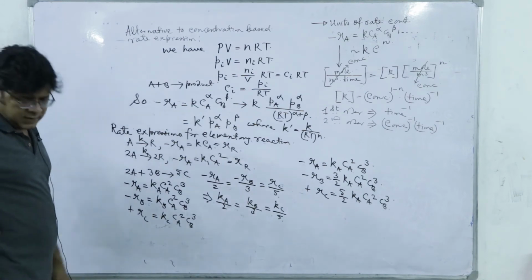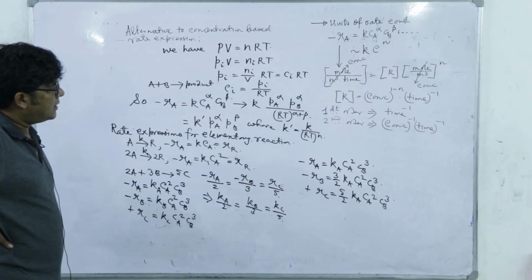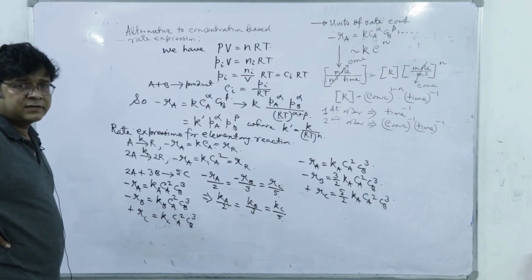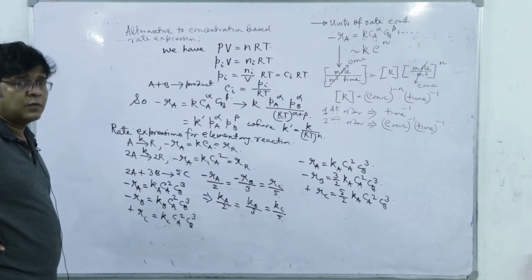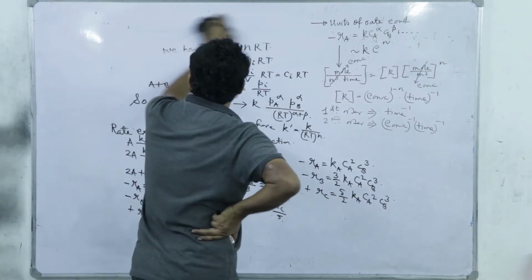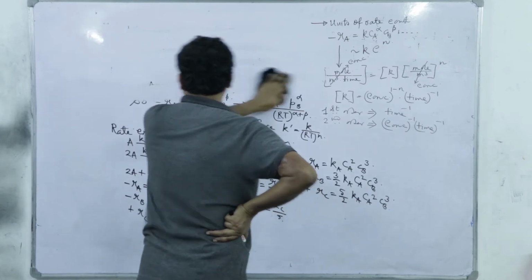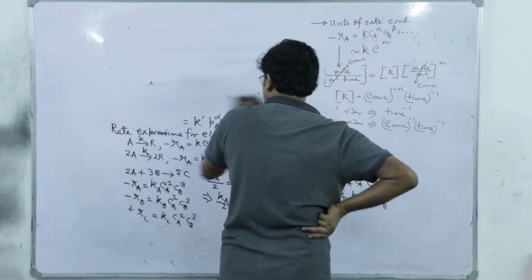For non-elementary reactions, we have stated that the rate expression cannot be directly derived from the overall stoichiometry. We must have some method by which we can calculate it. So what is the method that we are going to discuss right now?